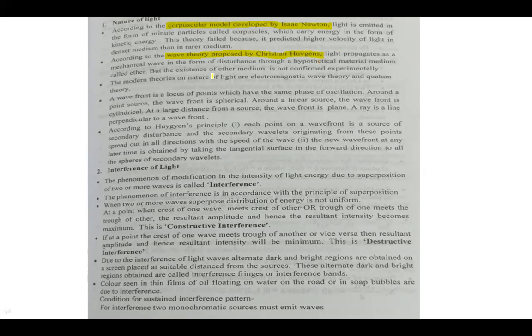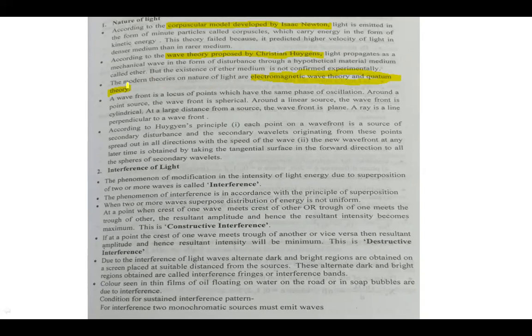Next, they saw the electromagnetic wave theory and quantum theory. In those theories, the requirements were fulfilled, and based on that our discussion took place.